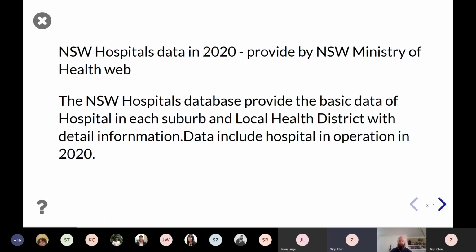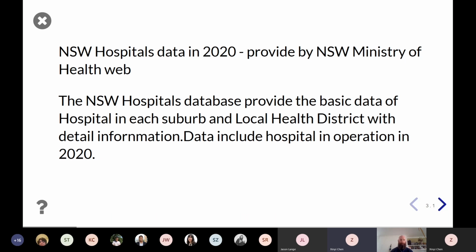The reason I'm looking for this data is I want to know where the local hospitals are located in New South Wales, and also I'm looking for information about the hospitals, like if I got sick, it's easier to find the place.